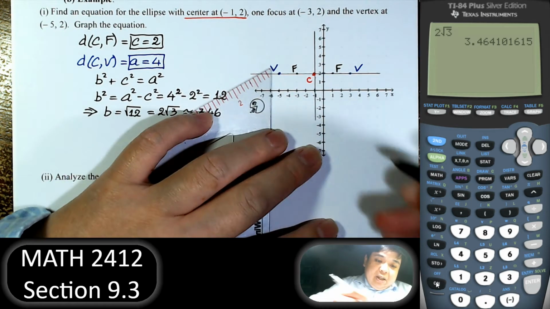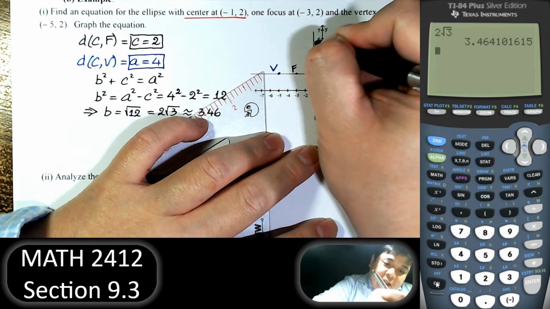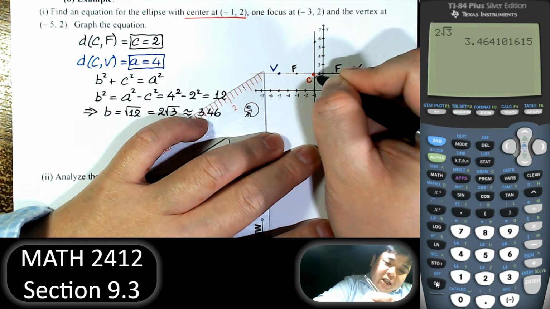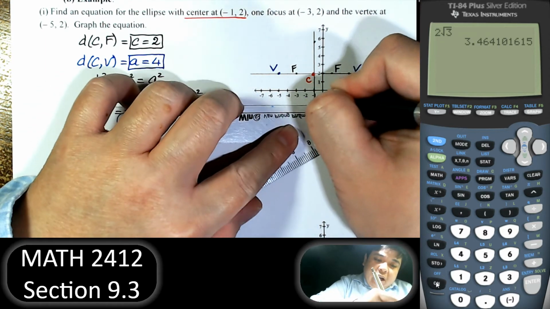Right, so that means we go 3.46. 1, 2, 3 up, and 3.46 down. 1, 2, 3, and we have the box.